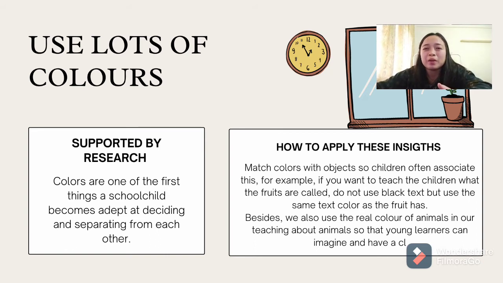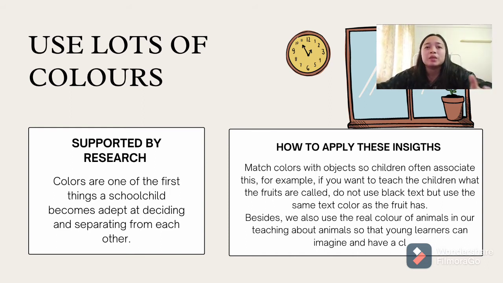How to apply these insights? Now we know there is research to support this, which probably wasn't a big surprise to us. But how can we use it in our kindergarten's PowerPoint projects? Remember to match colors with objects so children often associate them.